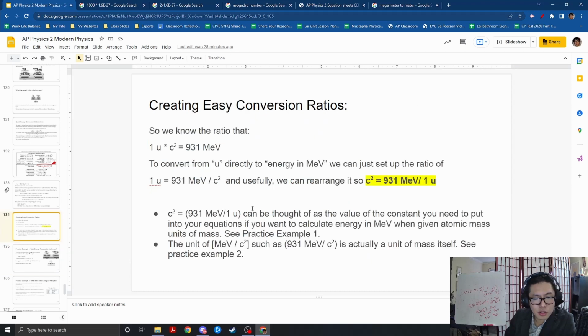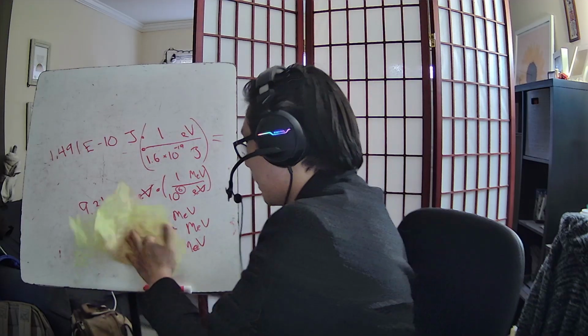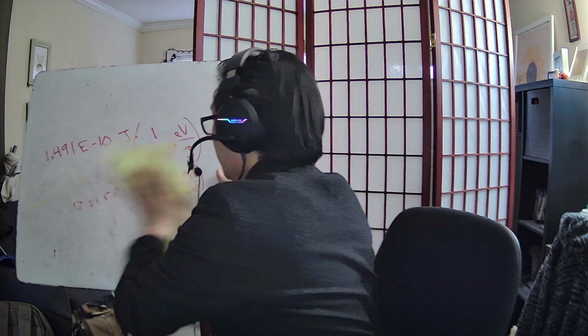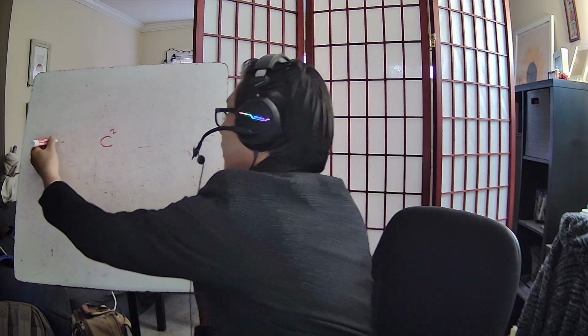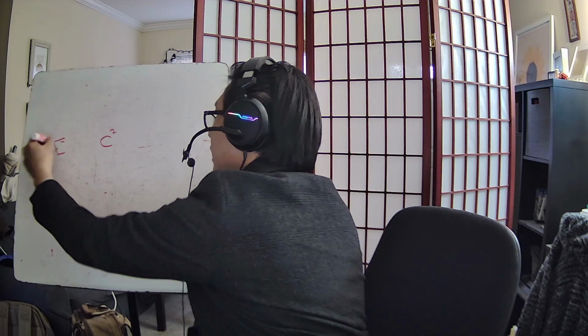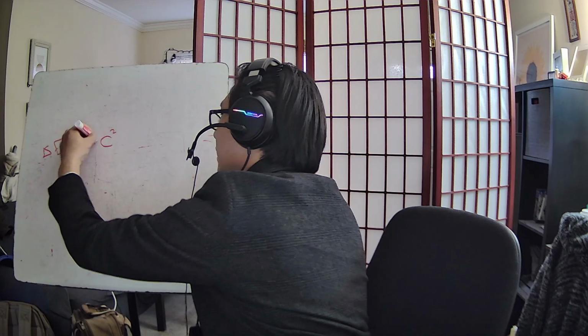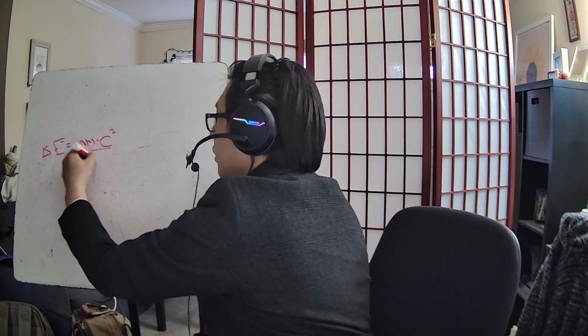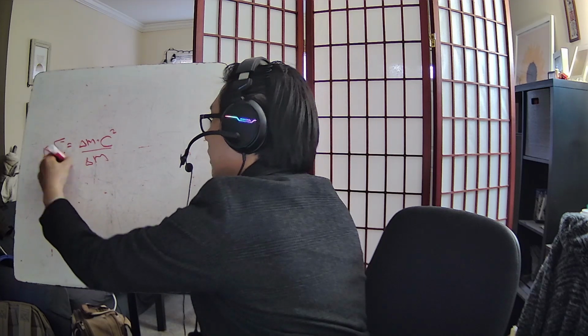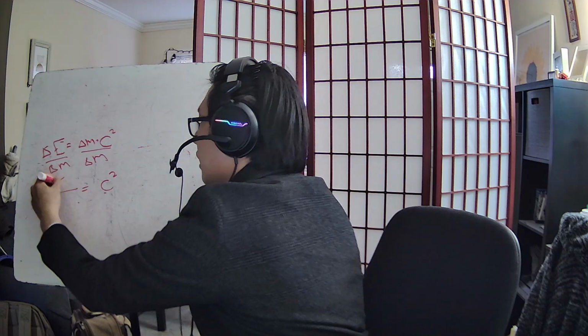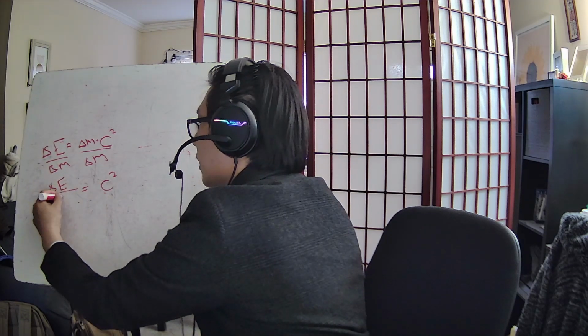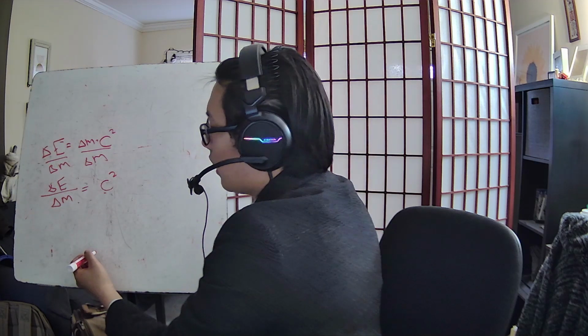Once again, if you're a little bit confused about where the c squared ratio came from, you could check out my whiteboard right here. I will solve it one time. Change in energy equals change in mass times c squared. If we move the change in mass across, we could just see the c squared value is going to be the total change in energy for that 1 unit of change in mass.